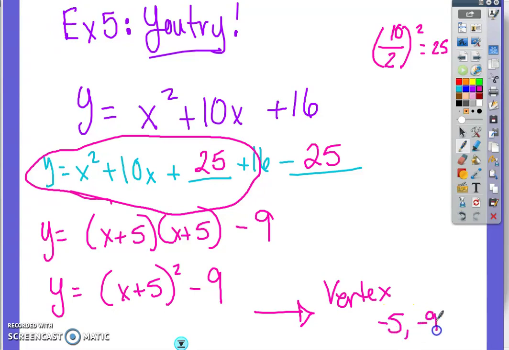Remember to change the sign on the inside of the parentheses, and that 9 stays negative. This format is really the format that you're thinking of in vertex form. So H is the opposite of the number inside the parentheses. You can do it. Good job, guys.